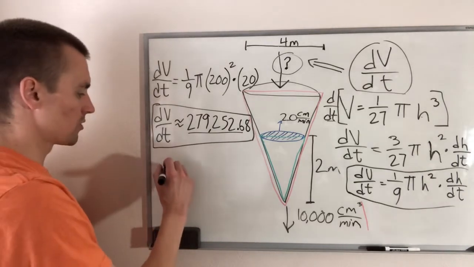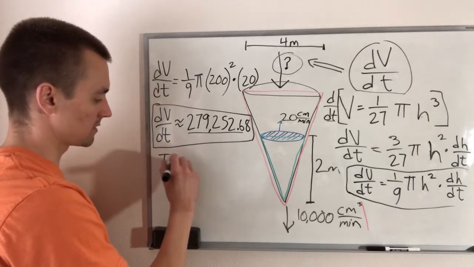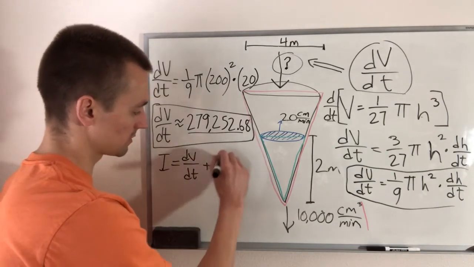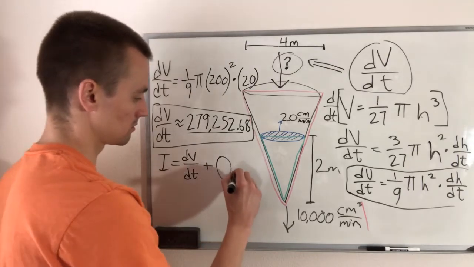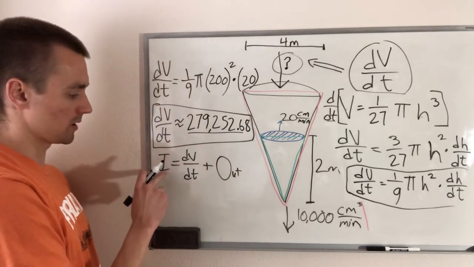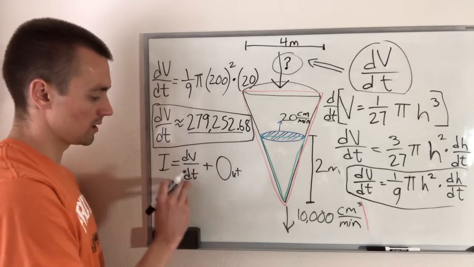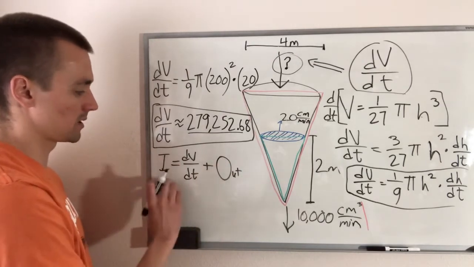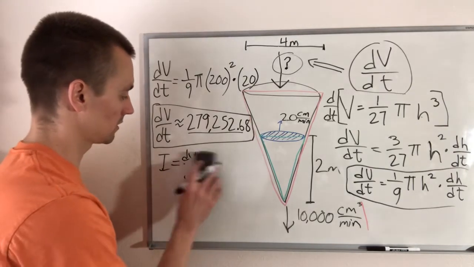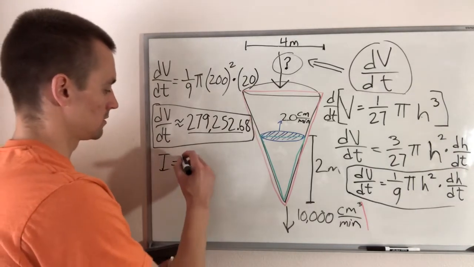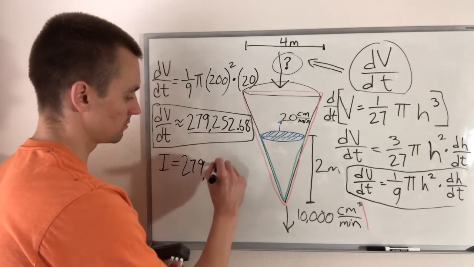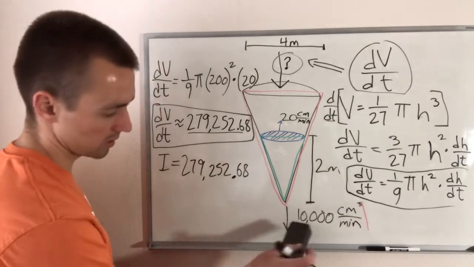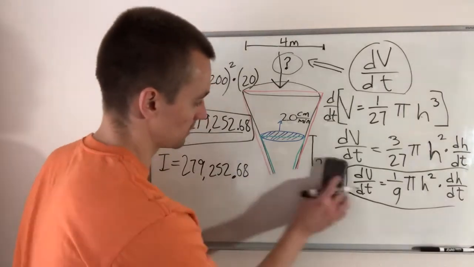So basically the rate in has to be the rate of change of the volume that's in there plus the rate that it's going out. So it's going in, here's how quickly the volume's changing, here's how quickly it's draining out. It must pump in at essentially 279,252.68 plus this 10,000 cubic centimeters per minute.